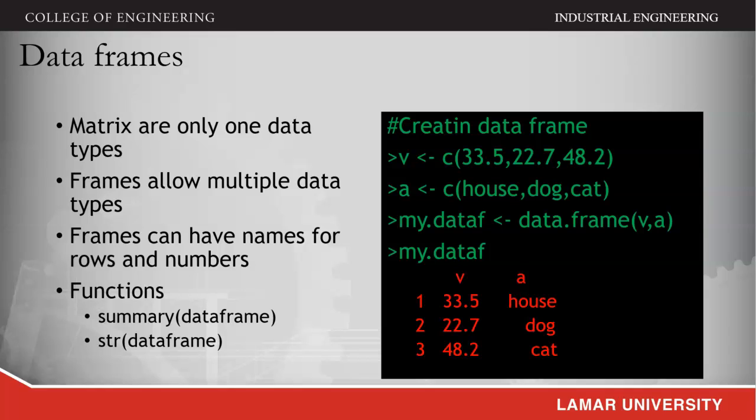Data frames are very useful because you can combine these different types of information, and they are essentially where you're going to do most of your work when you work with R. They have the benefit of being able to name the rows and the columns, and there are a lot of functions that you can use to exploit the information.